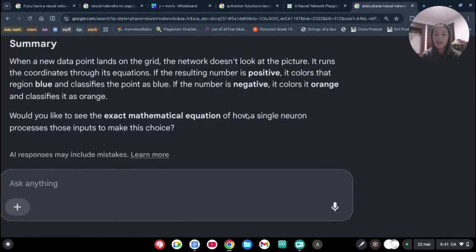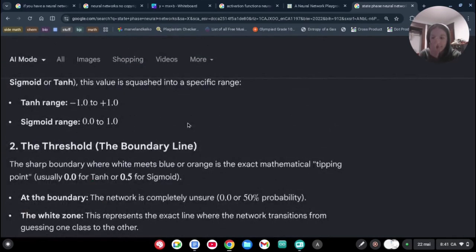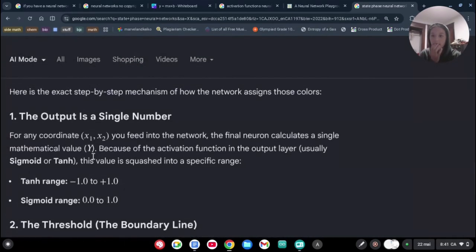Okay, when a new data point lands on a grid, the network doesn't look at the picture, it runs the coordinate through its equations. If the resulting number is positive, if the number is negative, so what? Does that mean values on the border are 0? How does that work? And there's something else I didn't quite understand that it was saying. Hold up.